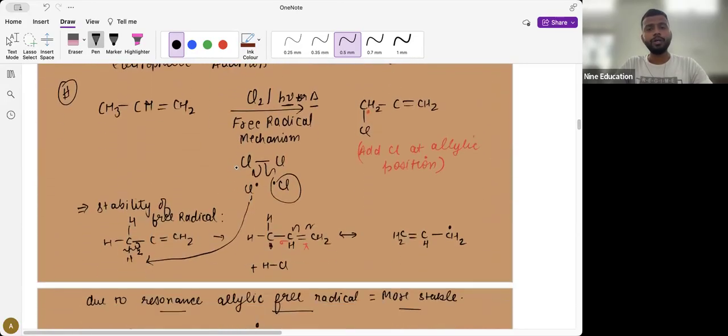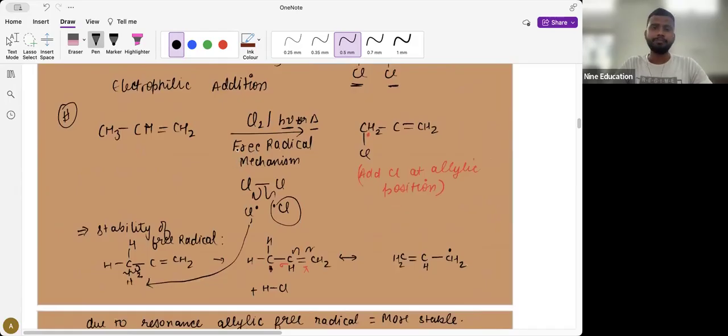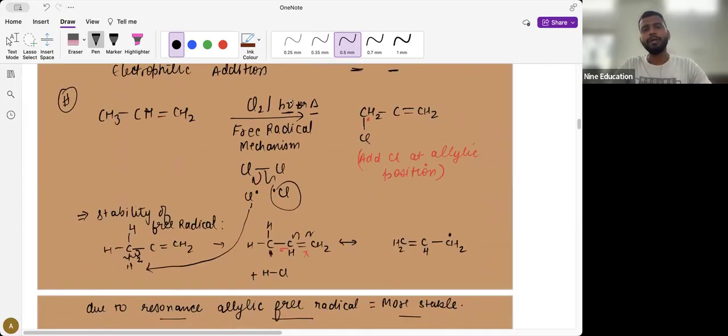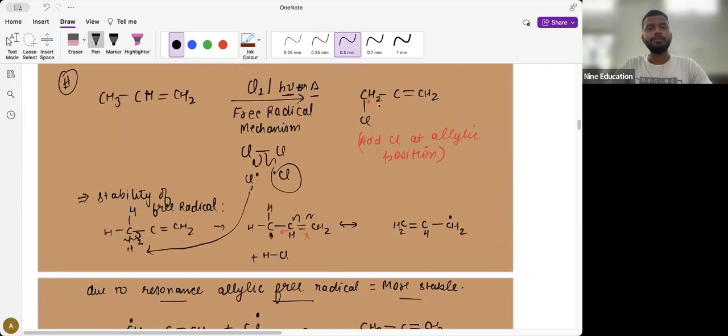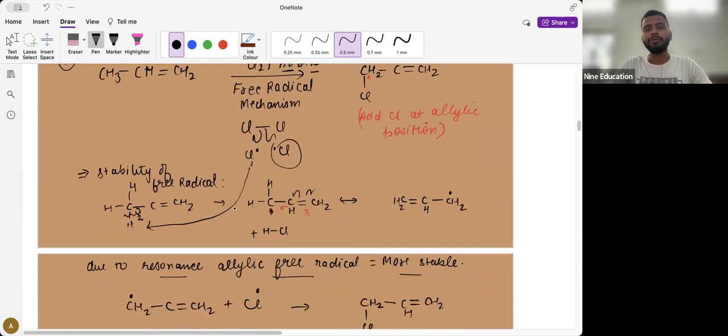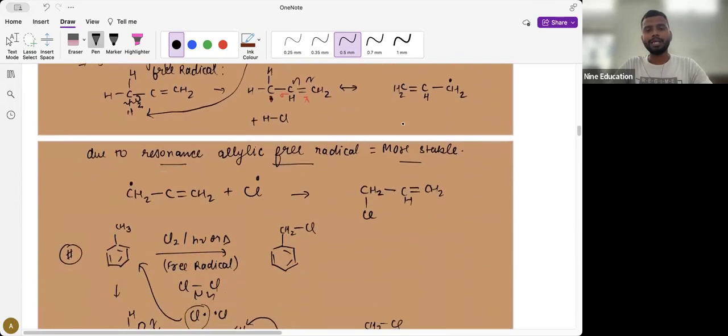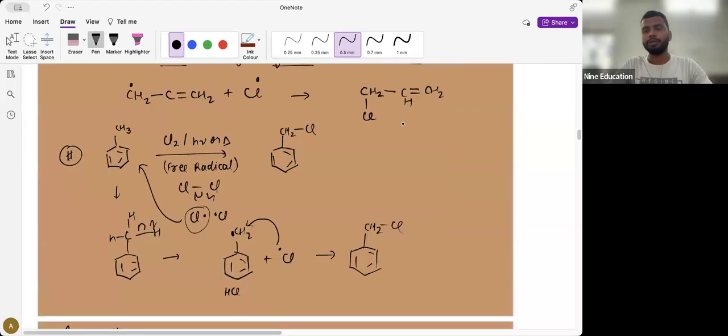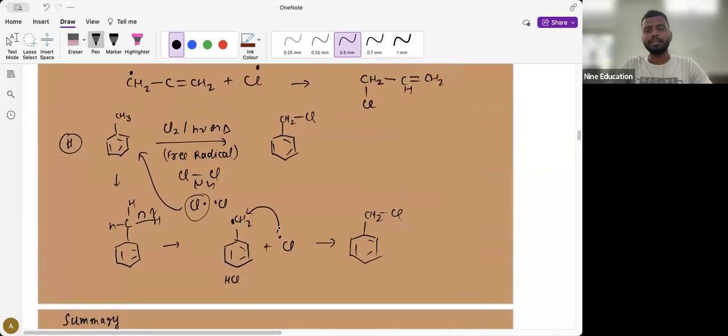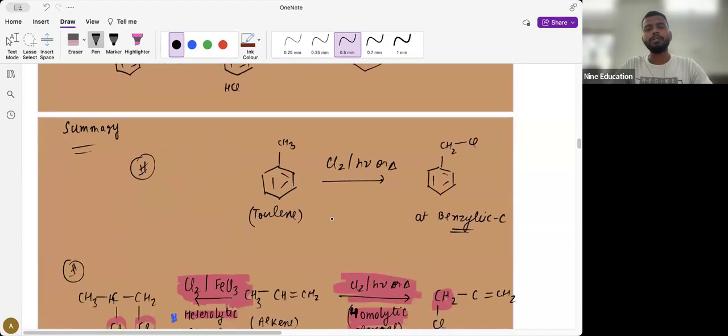Or I can do the free radical mechanism with Cl2 and light or heat. For the free radical mechanism we should always have heat or light. Here we need to see free radical stability: allylic and benzylic radicals are always more stable.